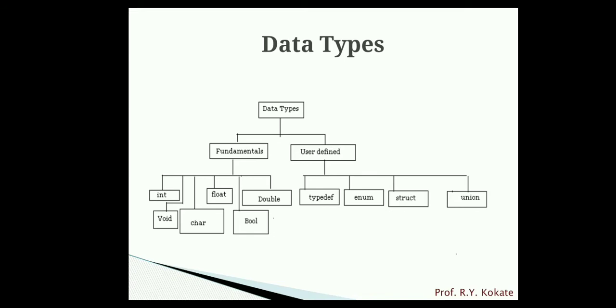Fundamental data types are also called primary, built-in or basic data types. The qualifiers or modifiers such as signed, unsigned, long or short may be applied to character and integer basic data types.